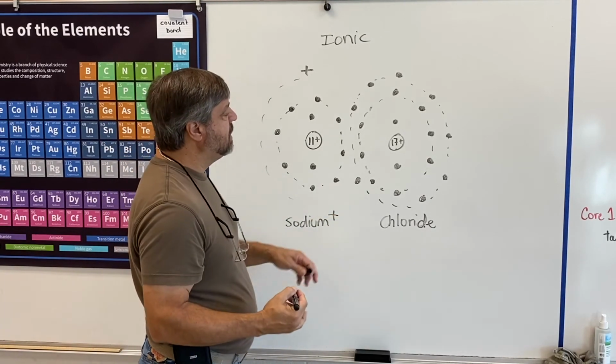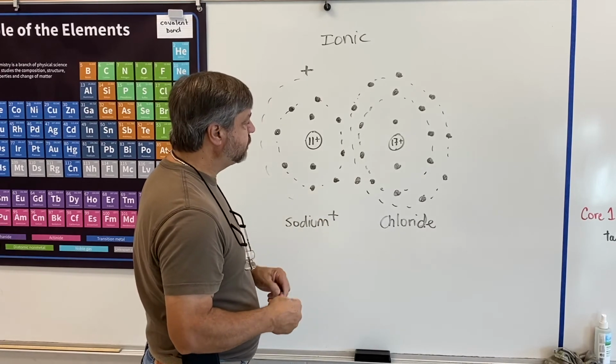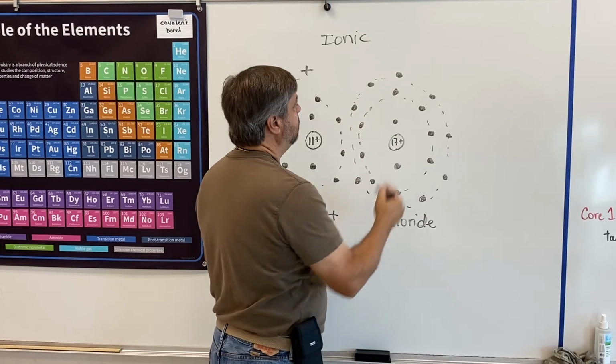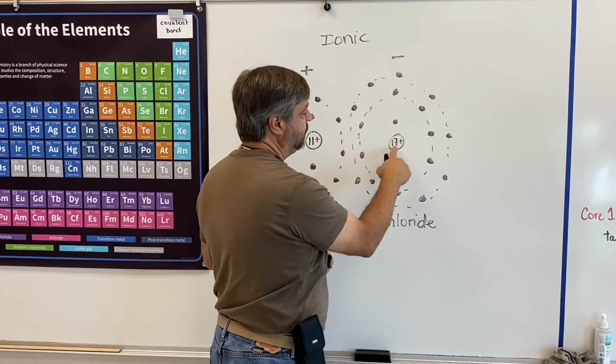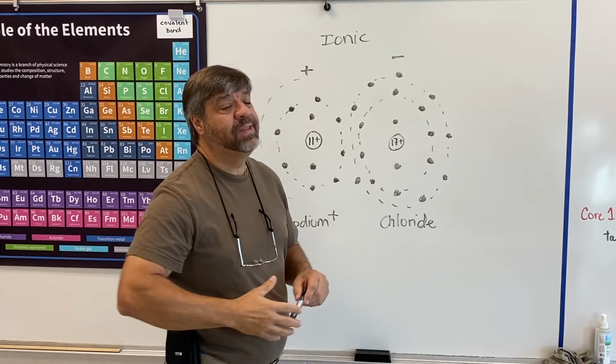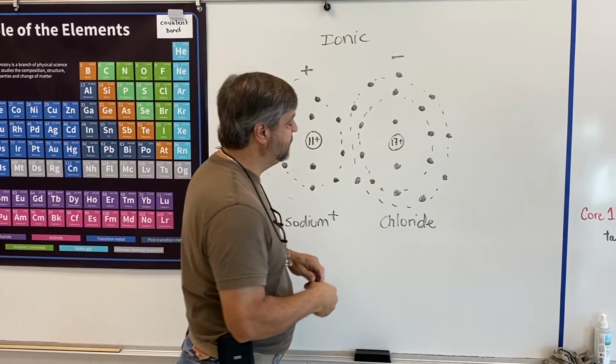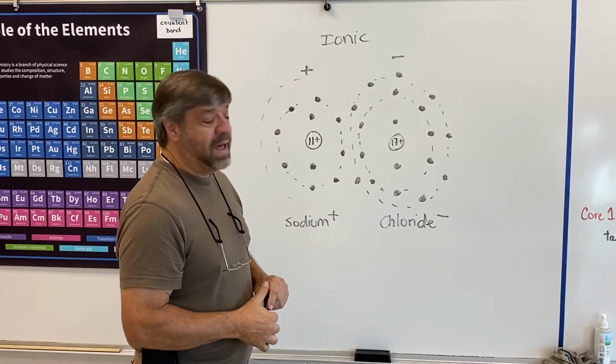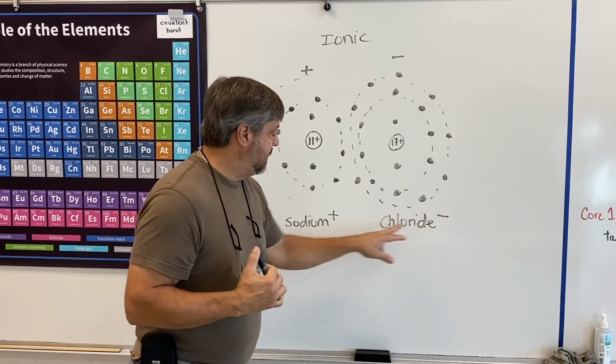Sodium is positive, and the chlorine now has 18 electrons compared to its 17 protons. So it has more negative charge than positive charge. It is now negatively charged. And just like with magnets, opposites are going to attract.